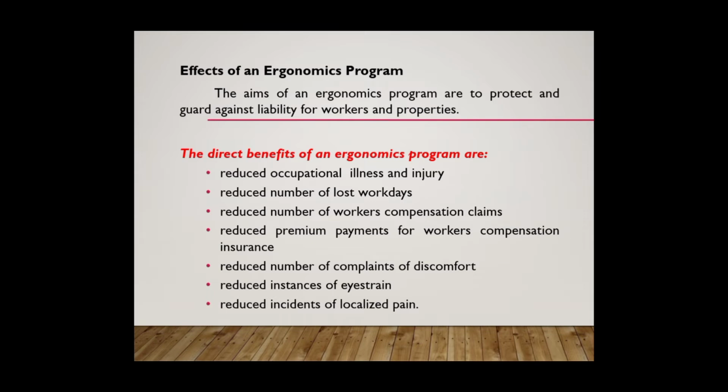Reduce instances of eye strain. Eye strain means being exposed to light or glare, straining to see in very dim light, or having an eye problem such as dry eyes or uncorrected vision.